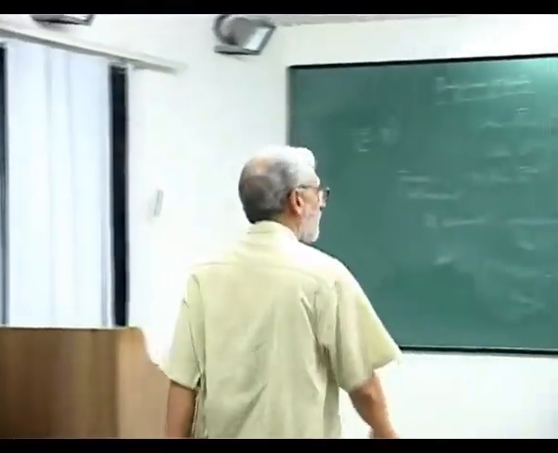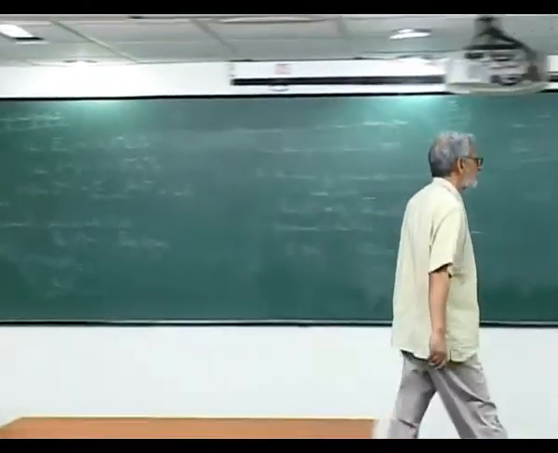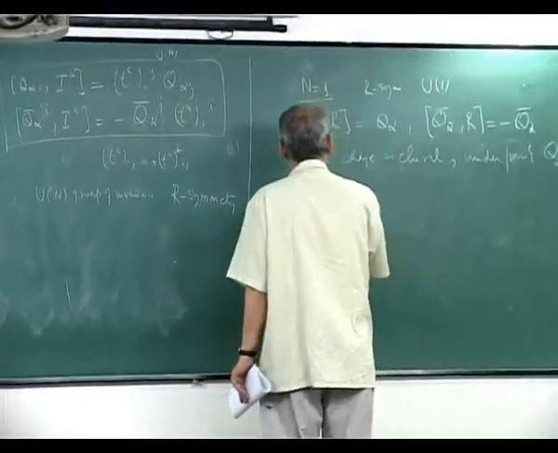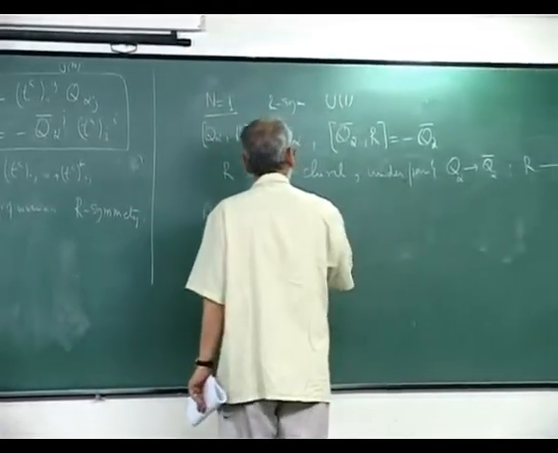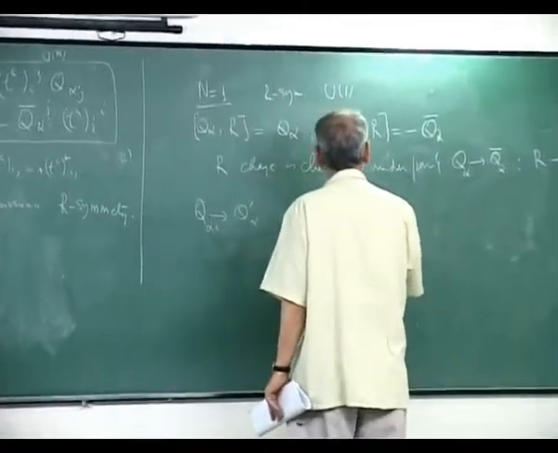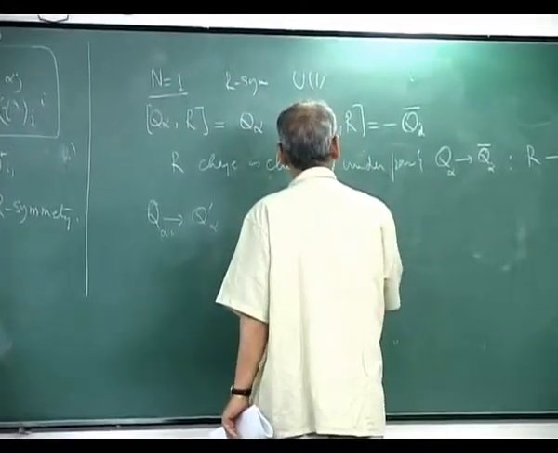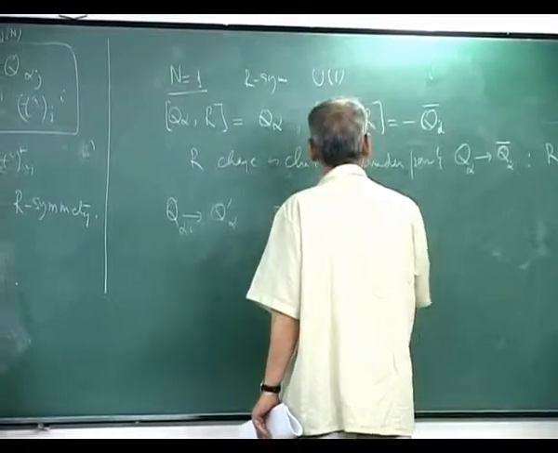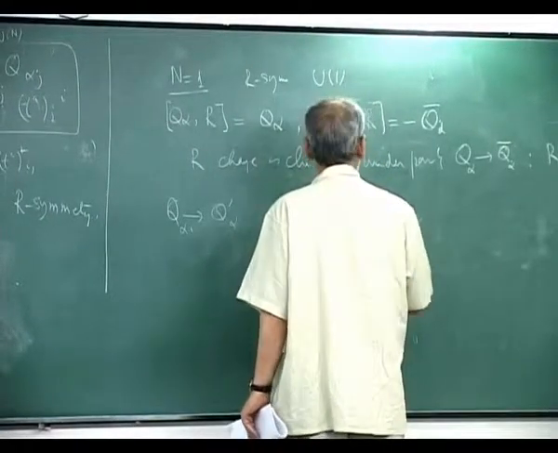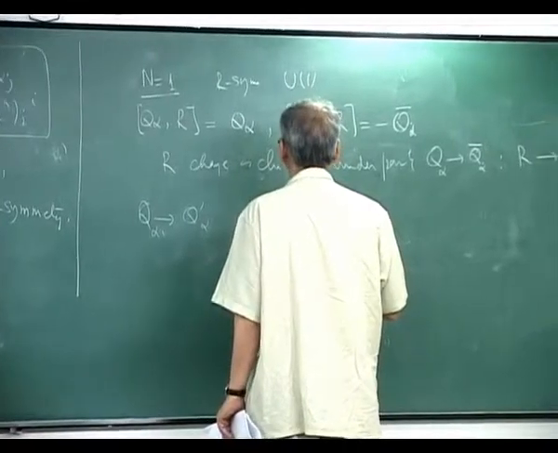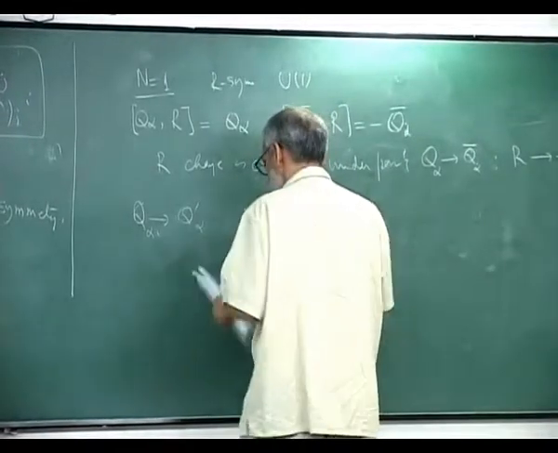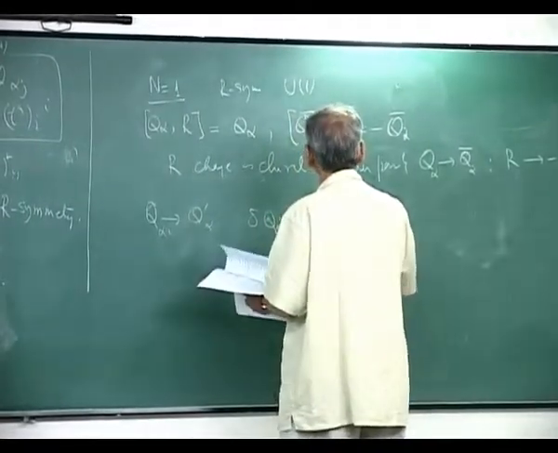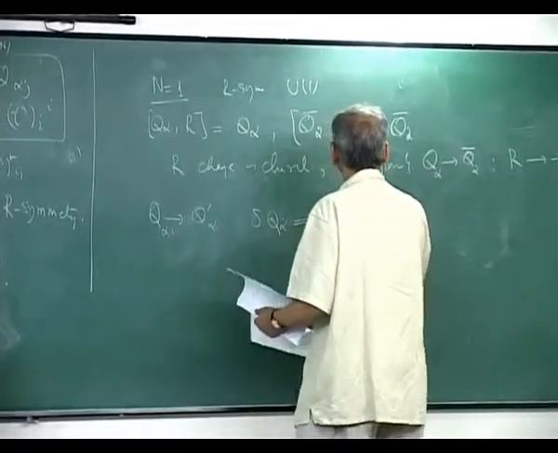See, under Lorentz transformation, we wrote somewhere, how does Q transform? How did we write it? It is M mu nu times Q, right?